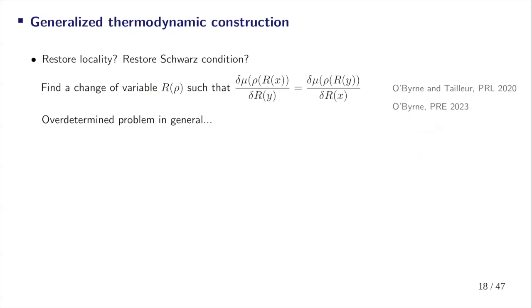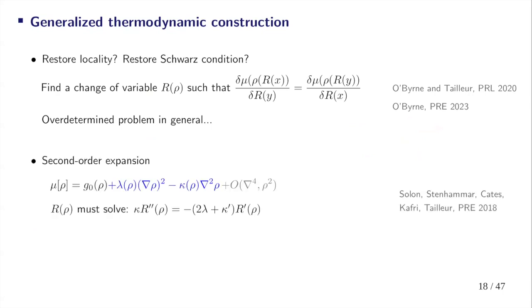You want to find the change of variable so that you restore the Schwarz condition. The Schwarz condition is just a way to say that there is a potential function from which you can find the chemical potential. And so to do so, you perform a gradient expansion of your chemical potential. You identify the lowest order terms in the gradient expansion.